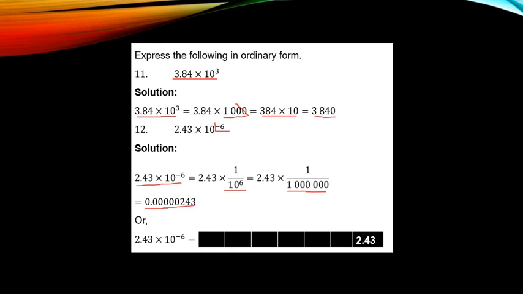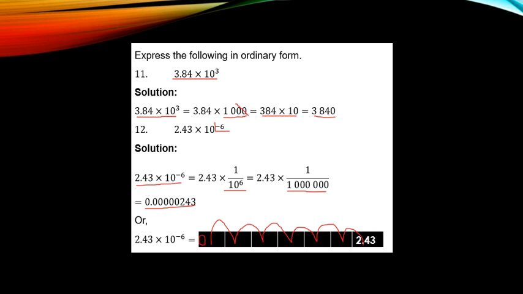Or if we use the other idea of moving, this minus 6 means you should move the point from where it is backward 6 times. So you move here 1, 2, 3, 4, 5, 6. If the point is here now, all the empty spaces you fill with 0.